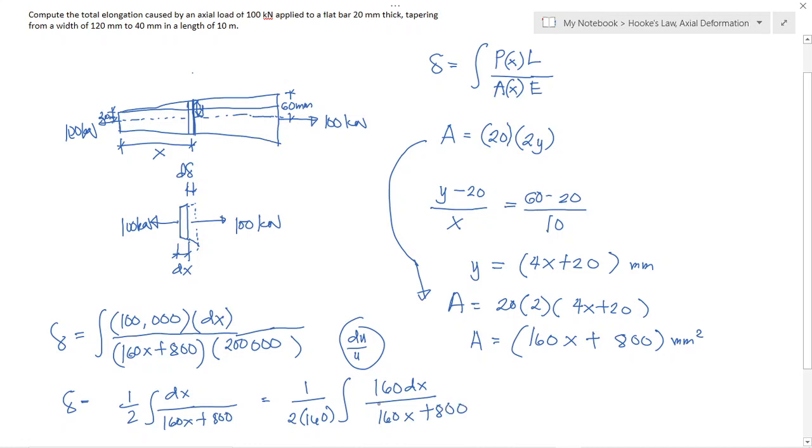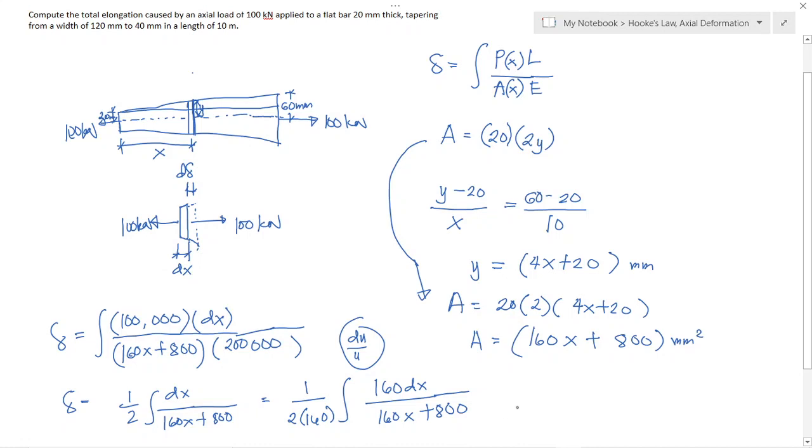Kasi, ito na yung u mo, yung denominator, which is, ang du naman niya is 160 dx. So, ito yung original form natin. Since wala naman talaga dyan 160, kaya meron tayong 160 rin dito sa baba, neutralizing factor. Nagre-review tayo class, calculus.